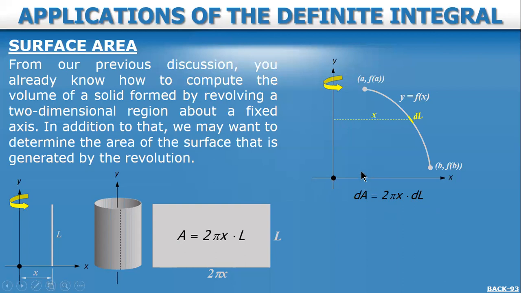When we integrate this, we get the total area. For dL, we use the length of arc: square root of 1 plus f prime of x squared dx, or 1 plus f prime of y squared dy, depending on the limits.